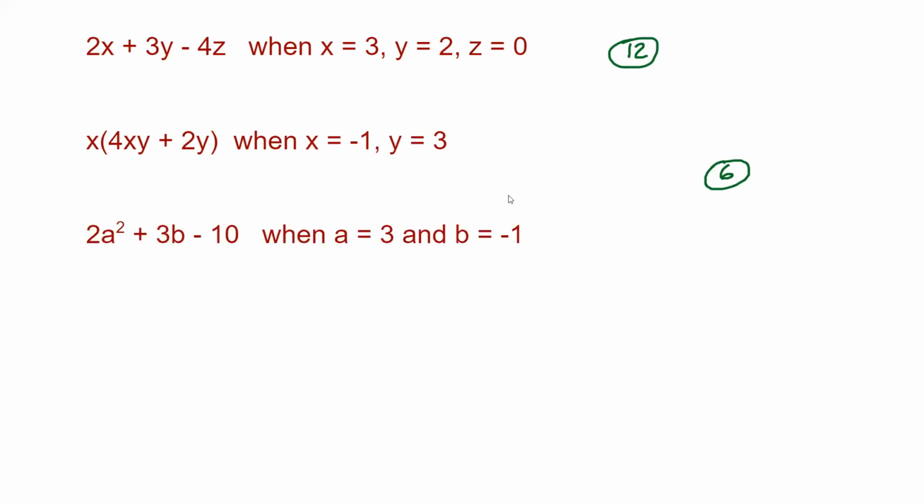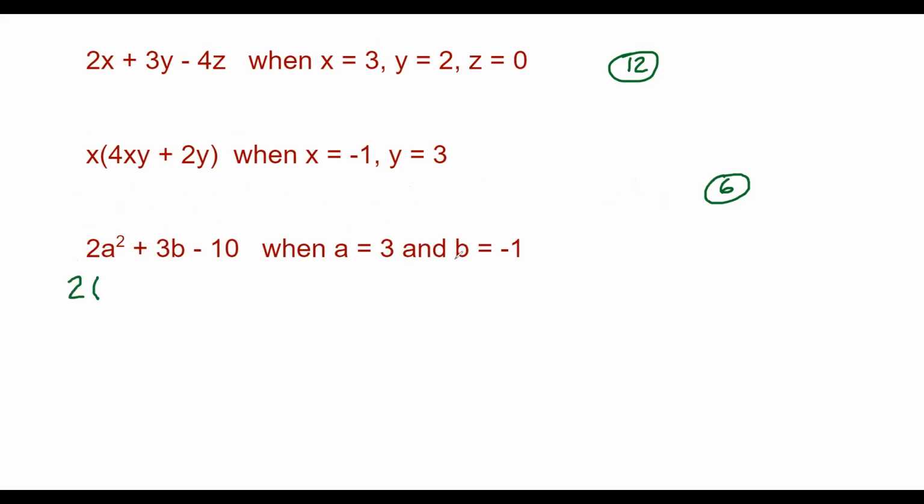2a squared plus 3b minus 10. So it's especially important when we substitute for things that are squared, when there's negative numbers involved, that we use parentheses. But in this case, a is positive 3. That's going to be squared plus 3 times b, which is negative 1.